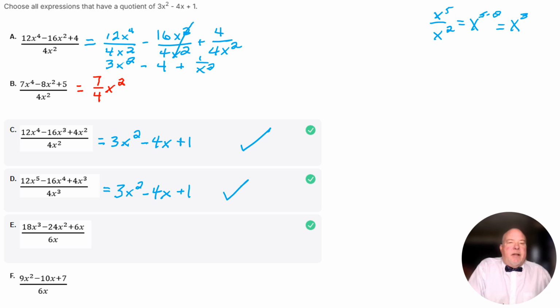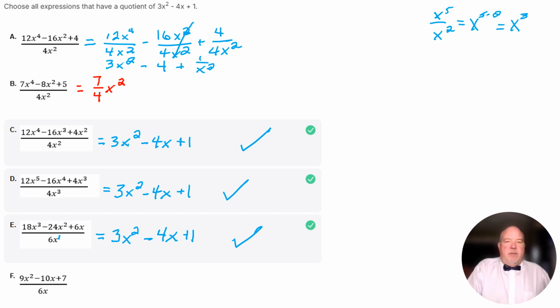And then I go to the last one, 18 divided by 6 is 3. Subtract the exponents. You get x to the second. 3 minus 1. Remember, there's an exponent of 1 when there's no exponent at all. So minus 24 divided by 6 is 4. Subtract the exponents. You get x. And then again, I end up with plus 1. So that one works.